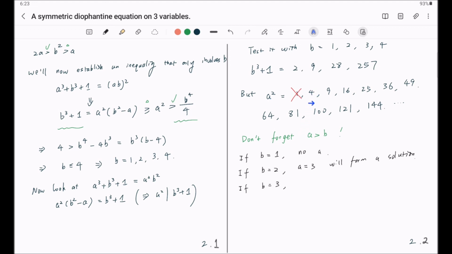We won't have 4. But this solution is illegal, because A has to be bigger than B. This implies that no solution.